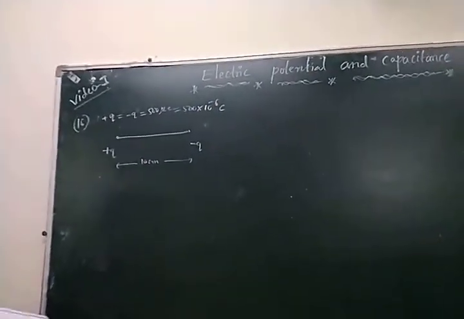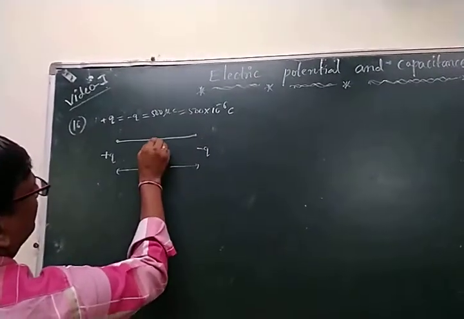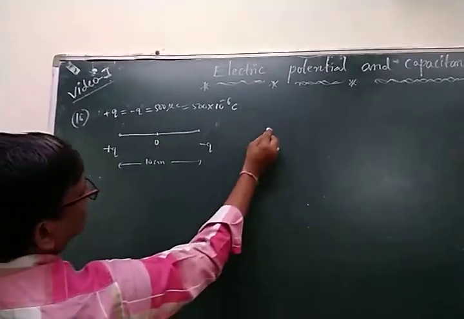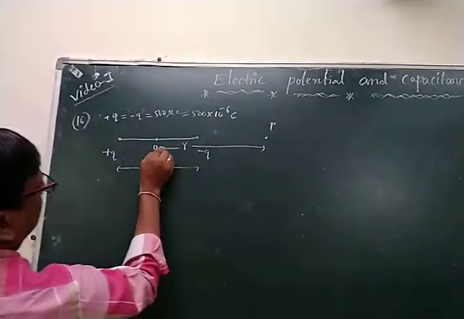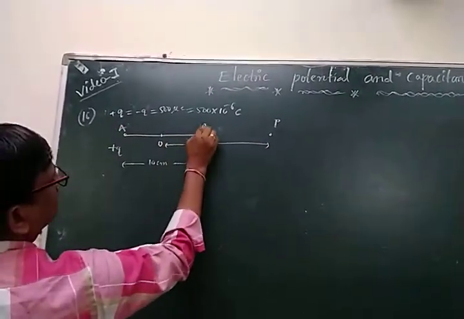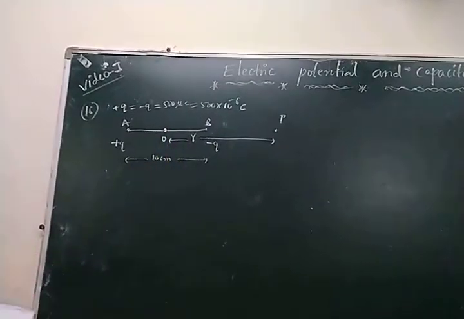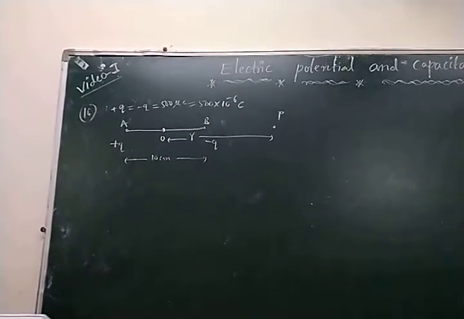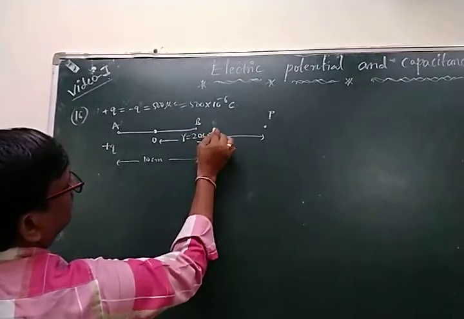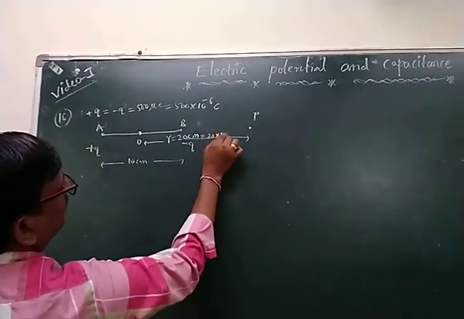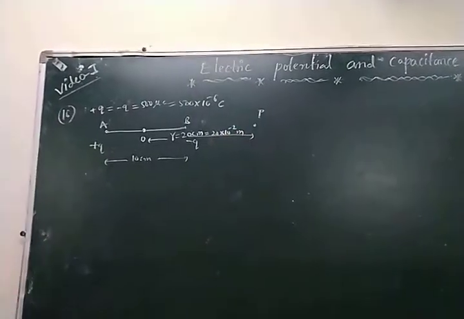Now at a point P on the axis, with center point O, the distance is small r, which is 20 cm, that is 20 into 10 power of minus 2 meters. See, this is the A point, this is the B point, the center is O.